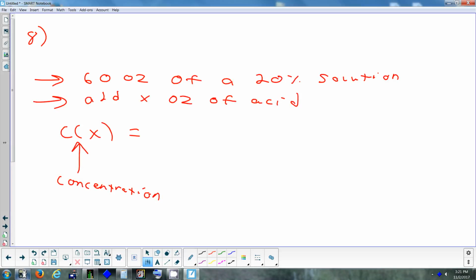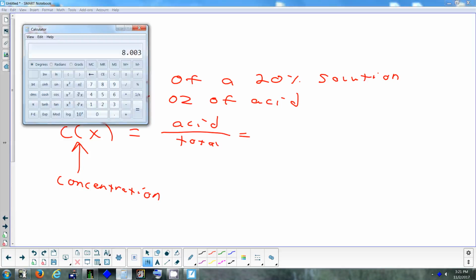Remember your formula for concentration is how much acid you have over the total. You're starting with 60 ounces, but out of the 60 ounces, only 20% is acid. So how do you find out how much acid is in the 60 ounces? 60 times 0.20. So there's 12 ounces of acid in that solution.